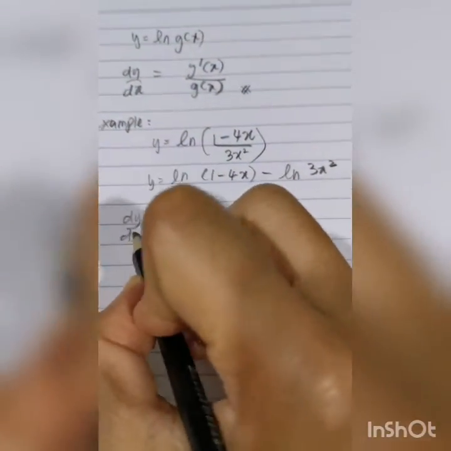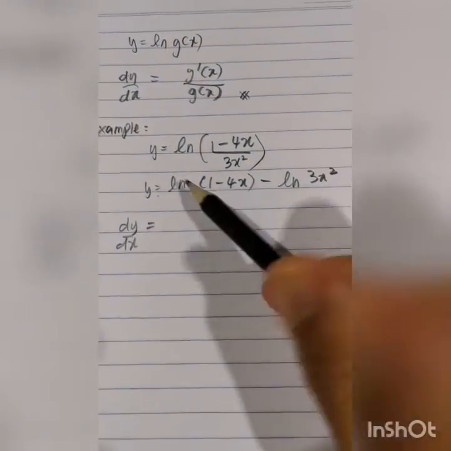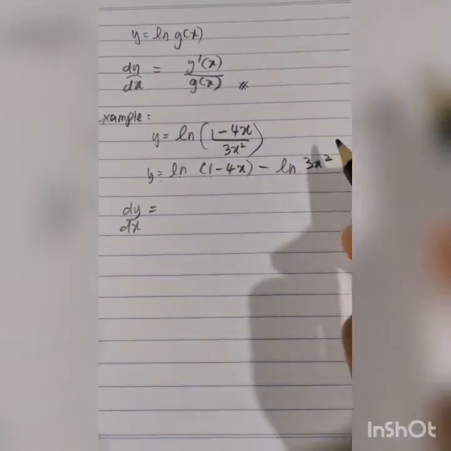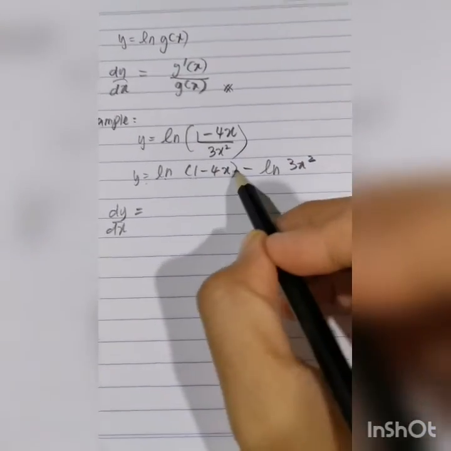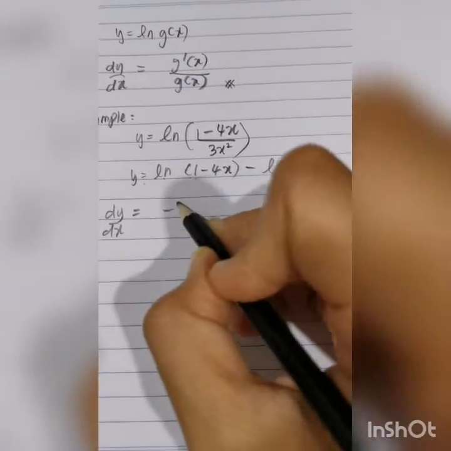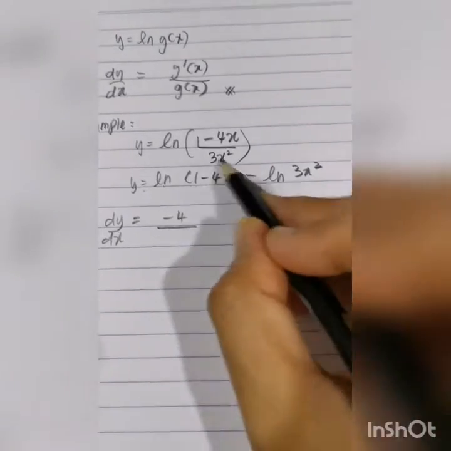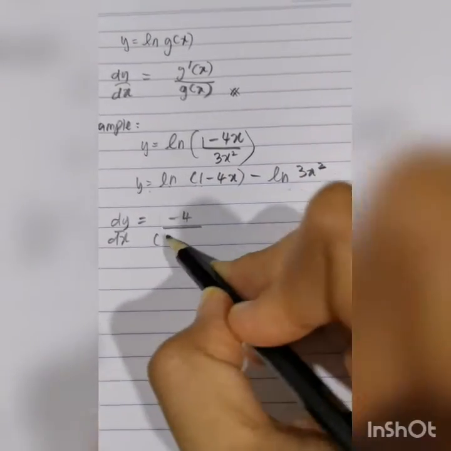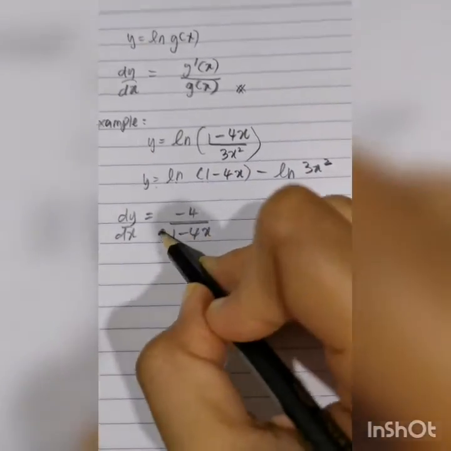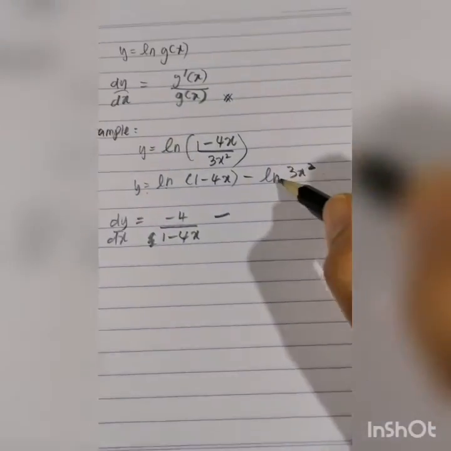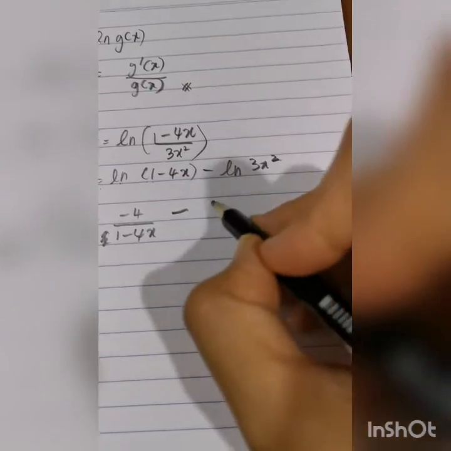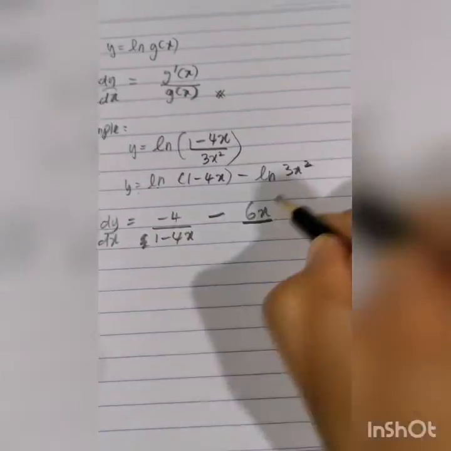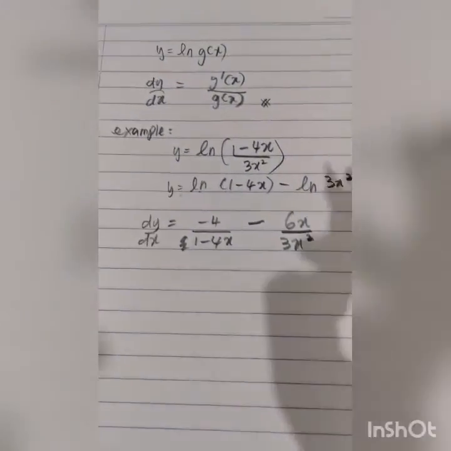So dy/dx equals, differentiating ln(1 − 4x), we differentiate 1 − 4x, we get negative 4 over (1 − 4x), minus differentiating ln(3x²). We differentiate 3x² first, we get 6x over 3x².